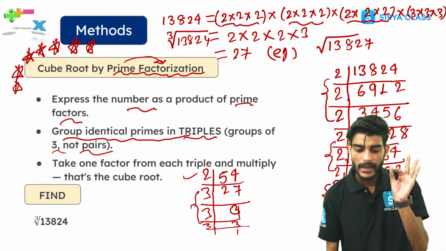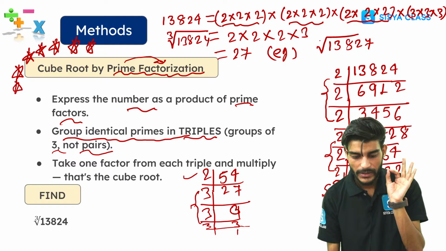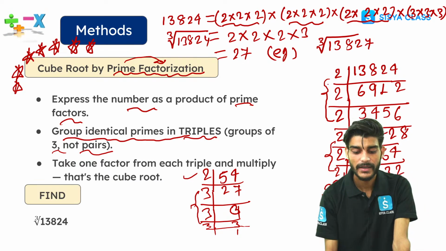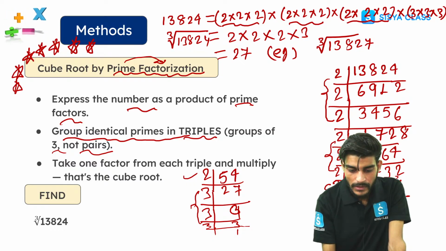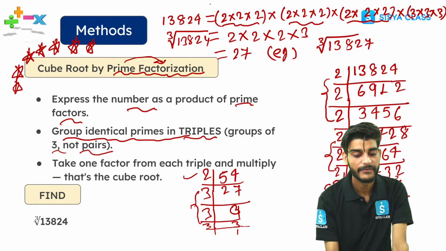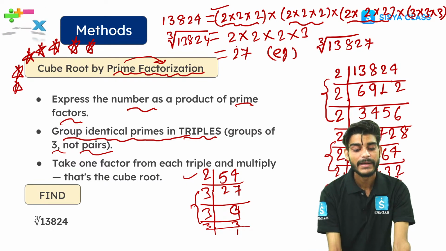Simply what to do, if a question says find the cube root of 13,824 by the prime factorization method, first convert it into prime factors. It is divisible by 2. Once again this is divisible by 2, so you have to write it as the product of prime factors. So I have written. Now see how many triples you can form.